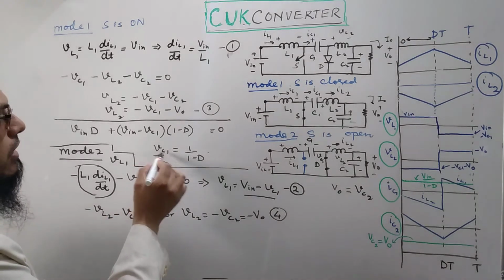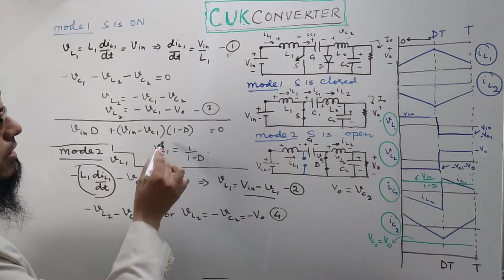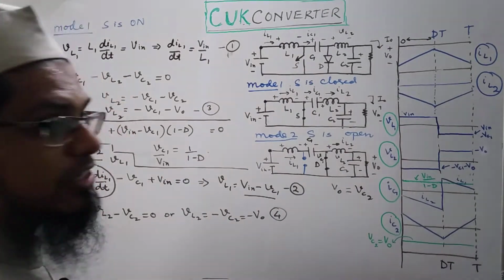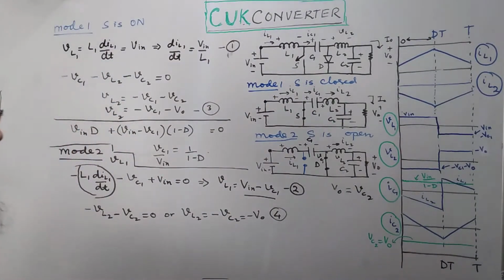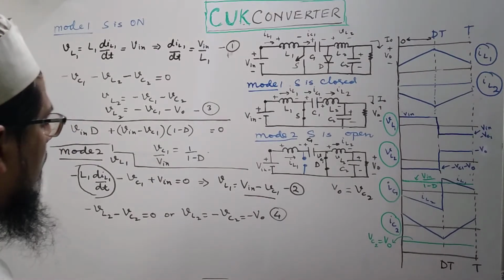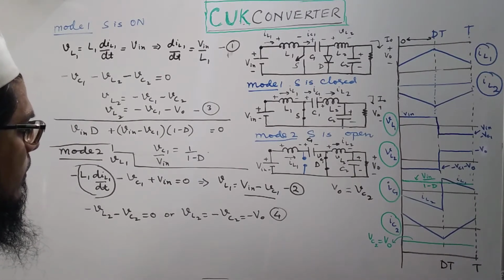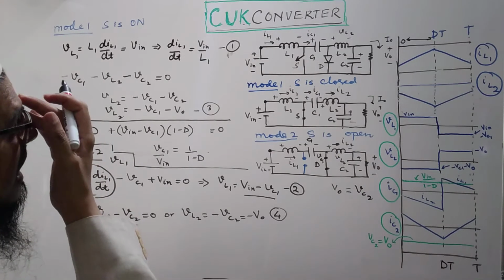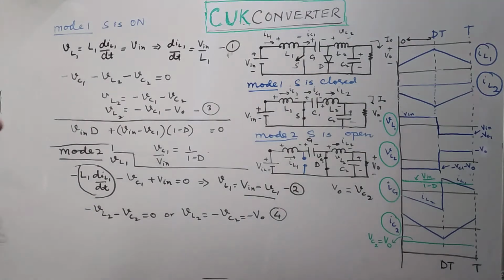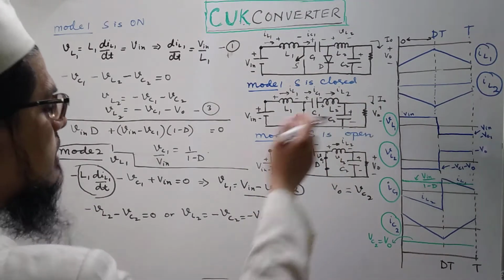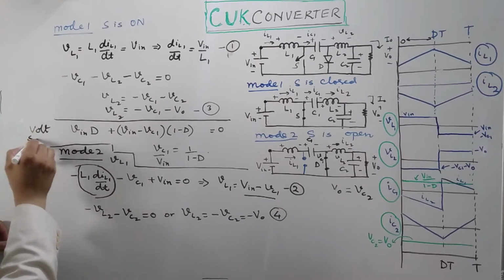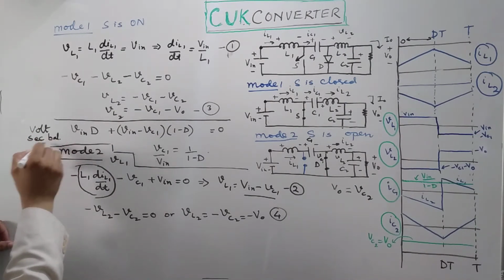So Vc1 should be written in terms of V0, so that we get a relation between the input and output voltage. So I think we again have to invoke the volt second balance for the second inductor L2. So this was the volt second balance for L1.